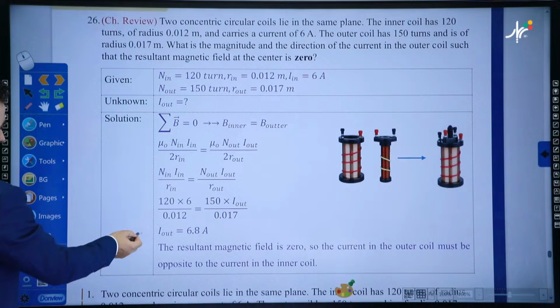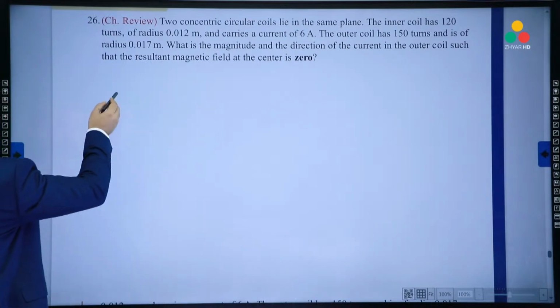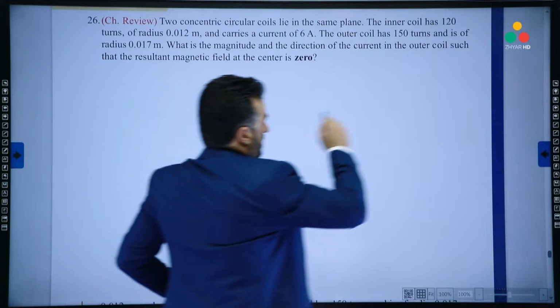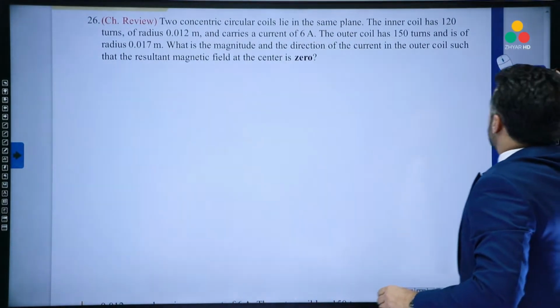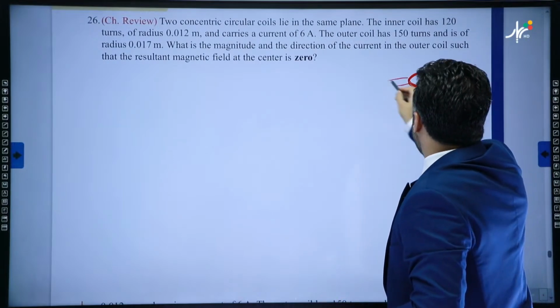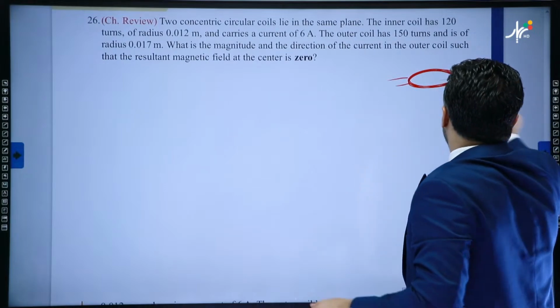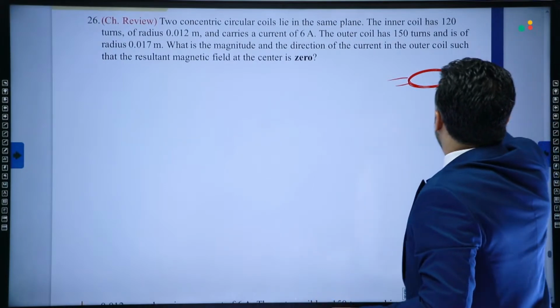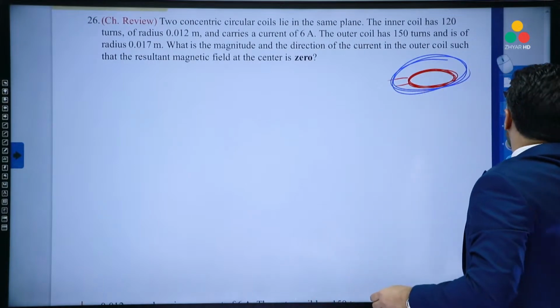All right, so now let's write the information for each coil. I can redraw the coils, by the way. So this is one of the coils, let's say the outer one, and then we have this one, which I'll make bigger as well.